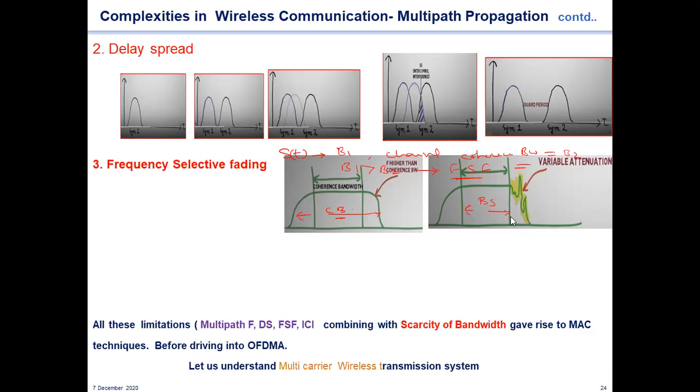Sorry, this is the coherence bandwidth. The signal bandwidth is more than the coherence bandwidth. Then this kind of fades occurs. Frequency selective fading occurs. So generally, you can see here frequency selective fading.